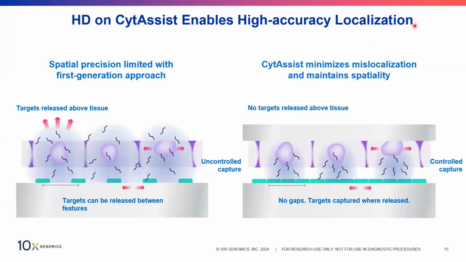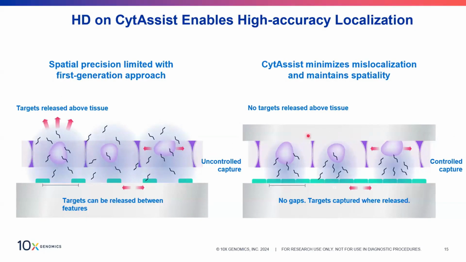So the point here is that the Site Assist makes it possible to direct the capture of the transcripts that you want to have. If you place your section just on the slide and you have nothing that focuses the target capture to a certain area, you have loss, and targets can be released somewhere else where you don't want them to be.